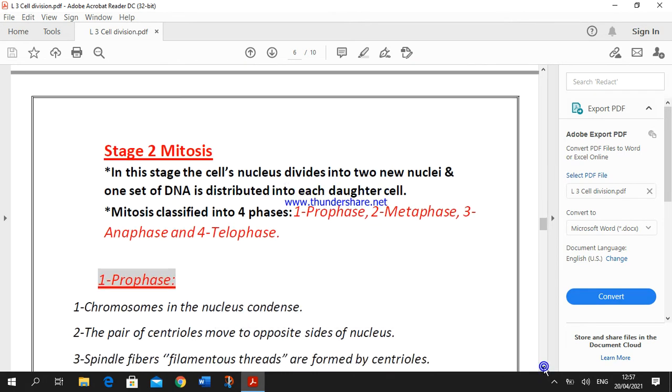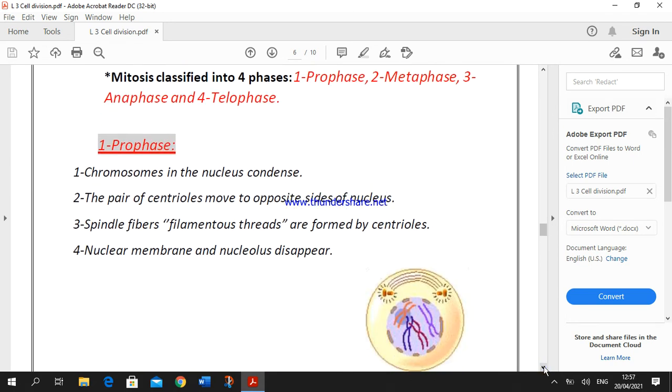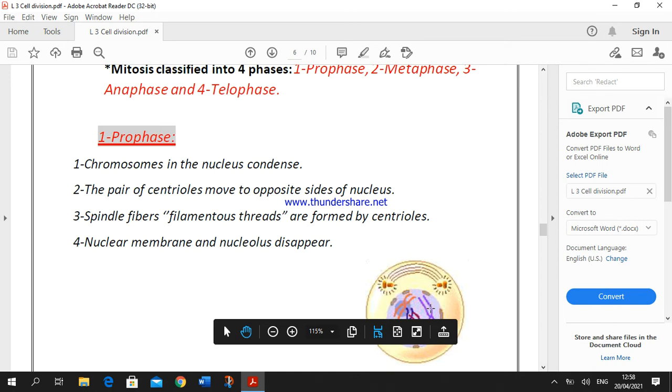Stage number 2 in the cell cycle is known as mitosis. Okay, mitosis is classified into 4 phases: prophase, metaphase, anaphase, and telophase. Look at prophase. Prophase is the first phase in mitosis division.